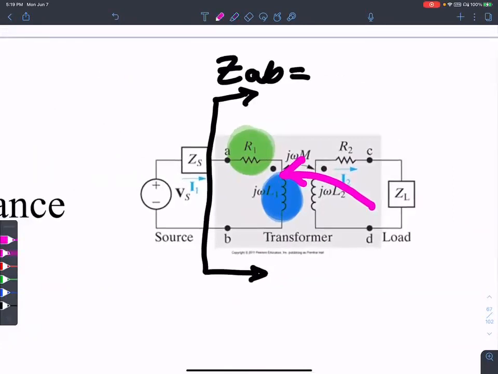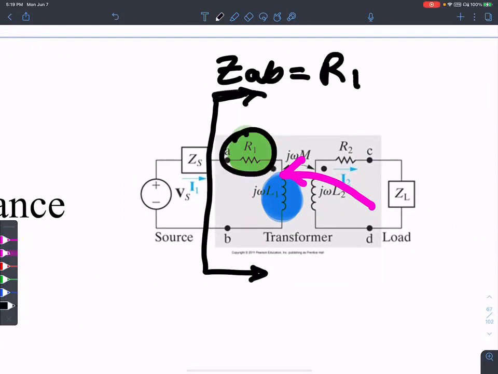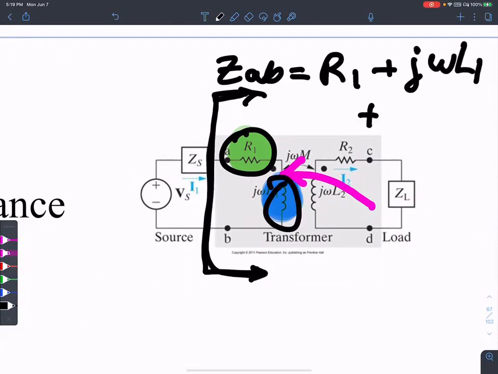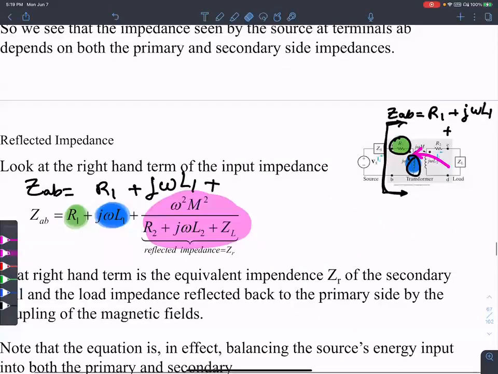So ZAB has a component of R1, a component of j omega L1, plus some component of this resistance showing up on the left hand side: omega squared M squared by R2 plus j omega L2 plus ZL.